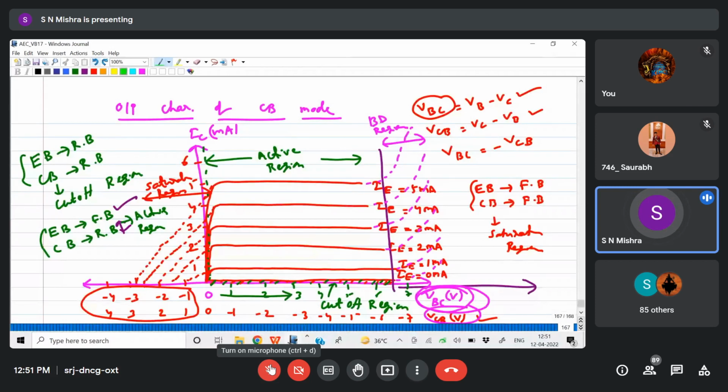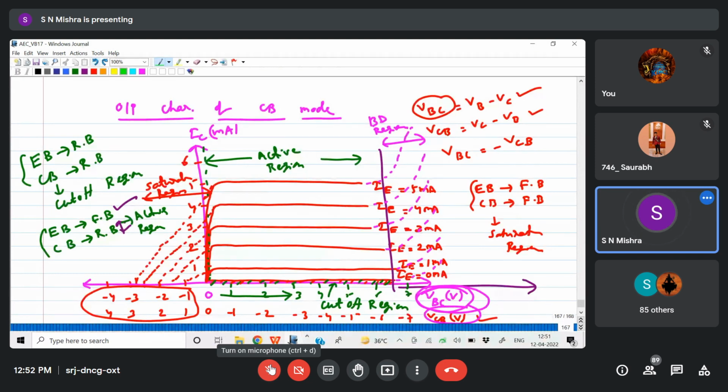So we may get a long question like: draw the input output characteristic of an NPN transistor in common base mode, or a PNP transistor in common base mode. For a PNP or NPN transistor, you have to only take the sign convention, how we will connect the voltage so that it will be forward bias, reverse bias, and note the current direction, and this VCB and VBC will be a little bit changed.